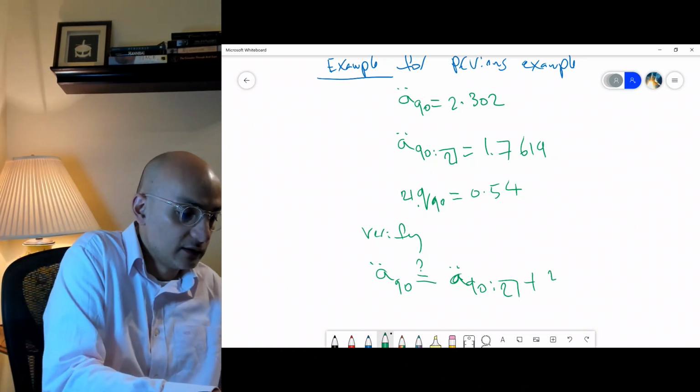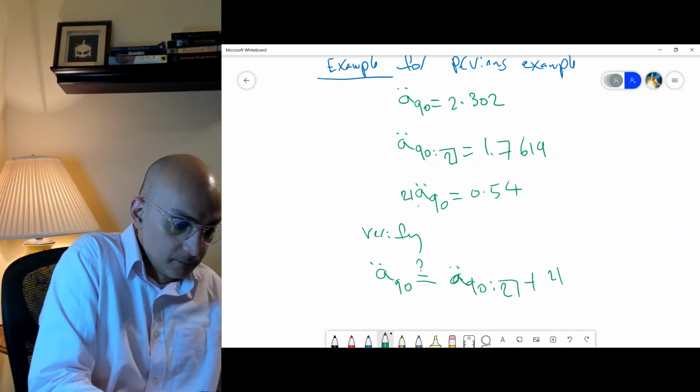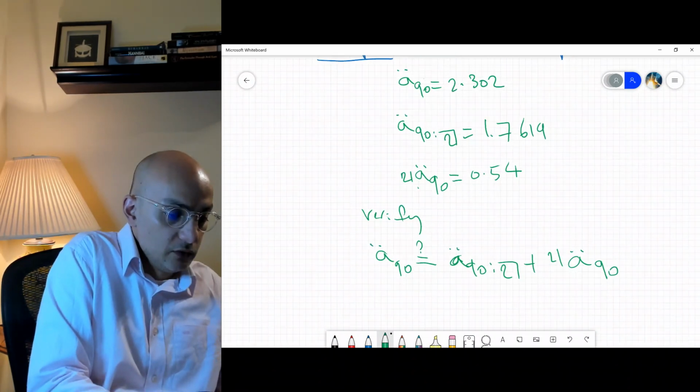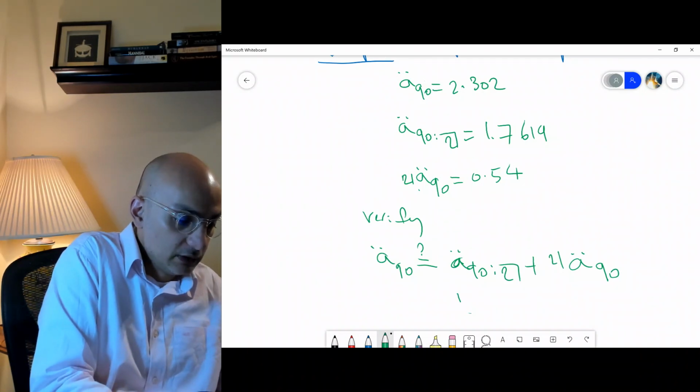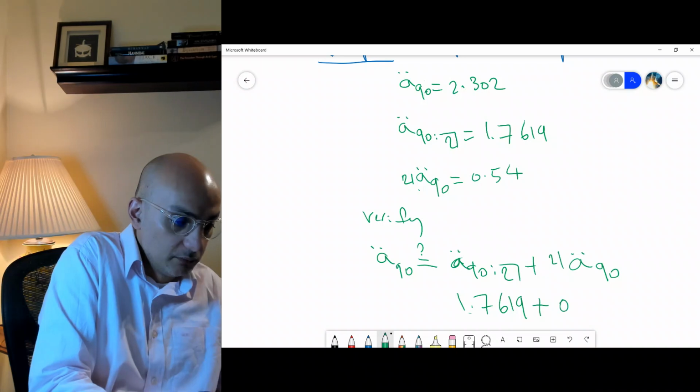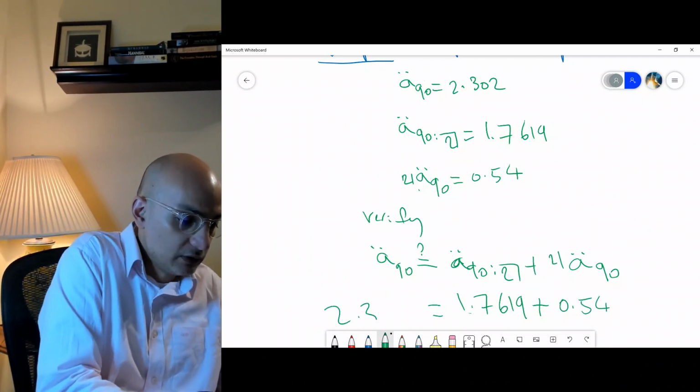Oh, this is not the q90, sorry. If you put this point, oh sorry, here 1.7619, it should be equal. Add to it 0.54, should give you 2.302.